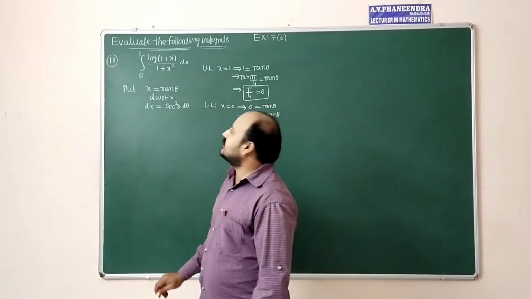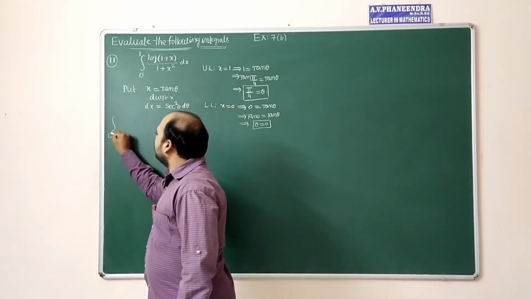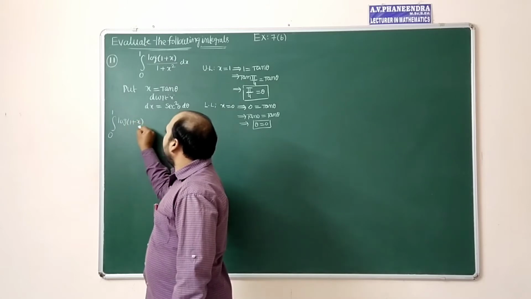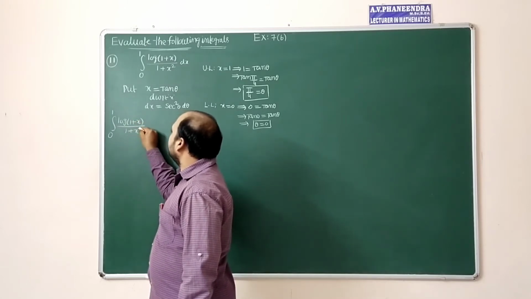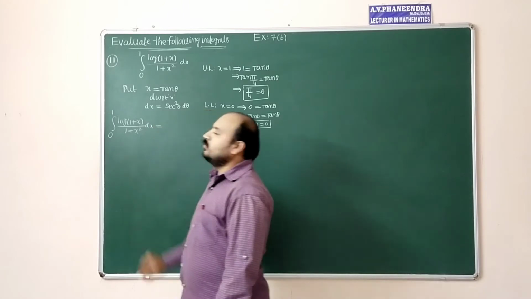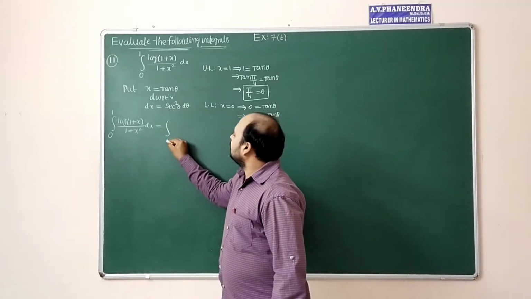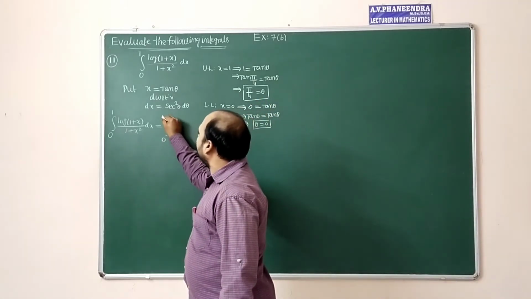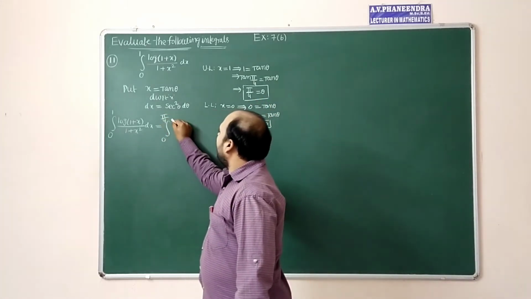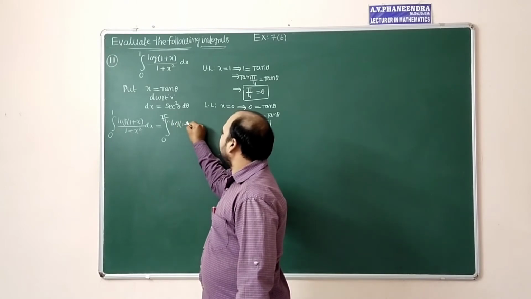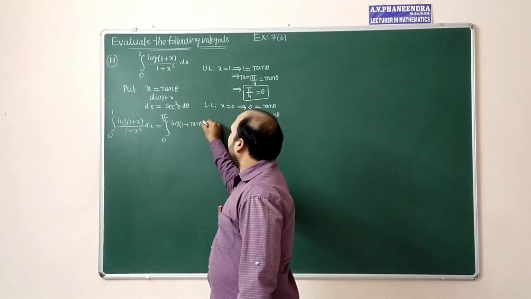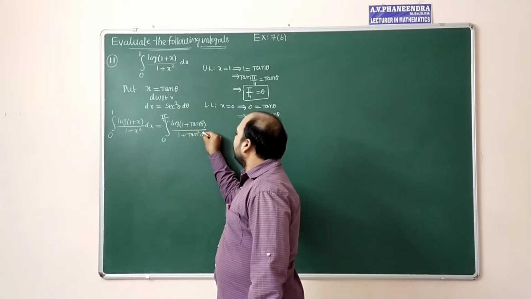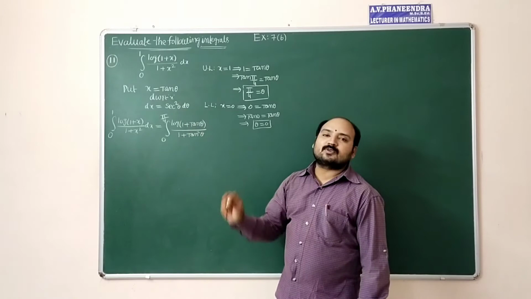Now substitute in this: integral 0 to 1 of log of (1 plus x) divided by (1 plus x square) into dx is equal to integral from 0 to pi by 4 of log of (1 plus tan theta) divided by (1 plus tan square theta) into, in place of dx, secant square theta d theta.